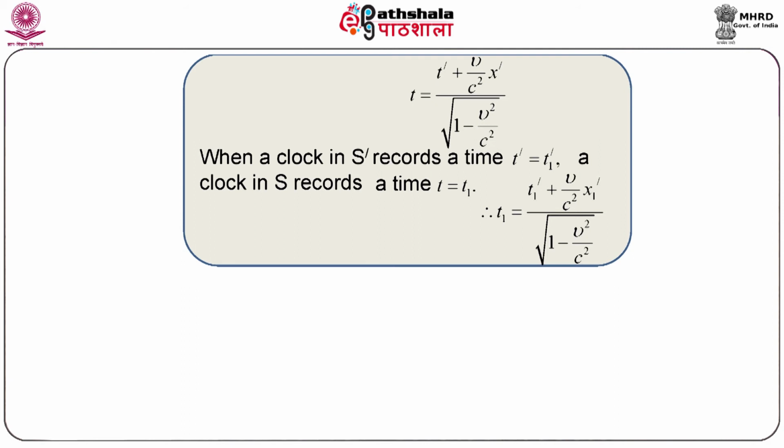So, one can connect t1 with t1 dash by a formula given by t1 equals t1 dash plus v divided by c square into x1 dash, divided by the square root of 1 minus v square divided by c square. Please note that here we have substituted t equal to t1, t dash equal to t1 dash and x dash equal to x1 dash, and we get this result.